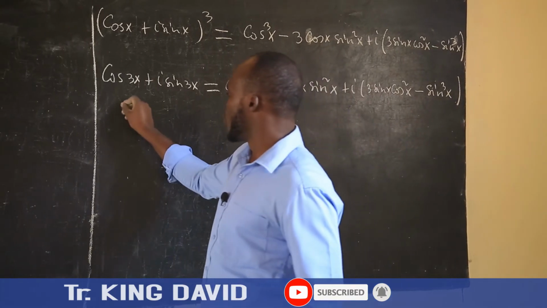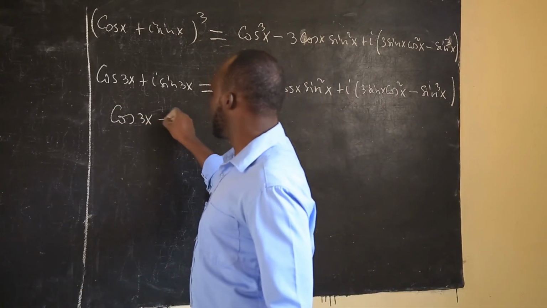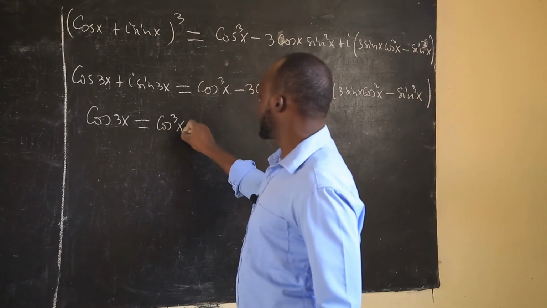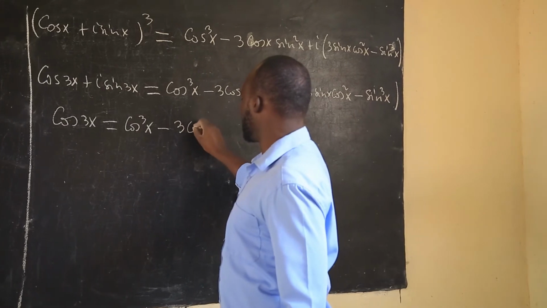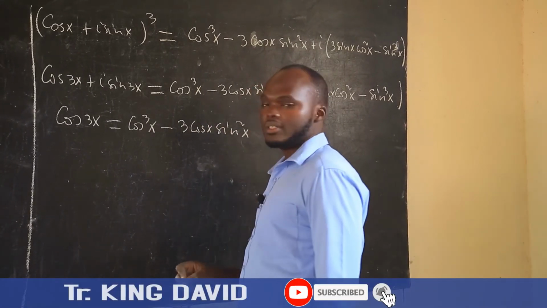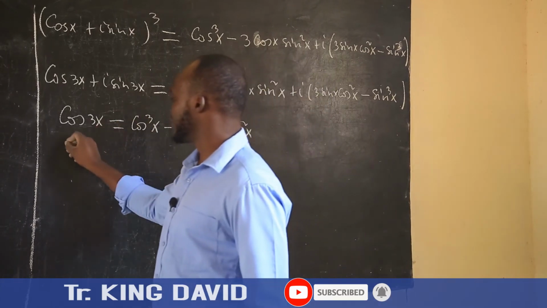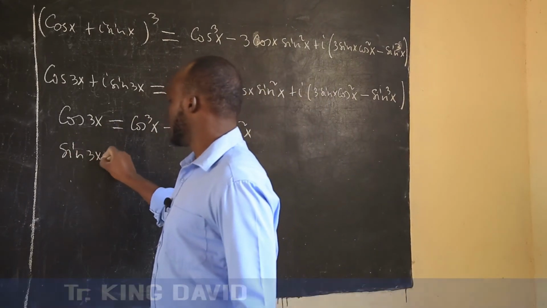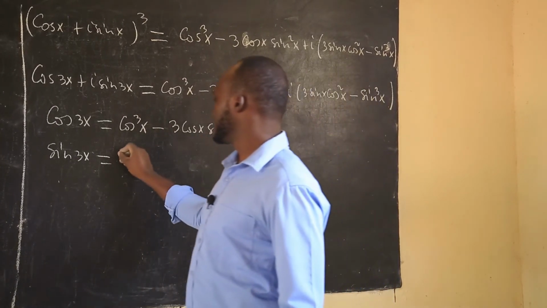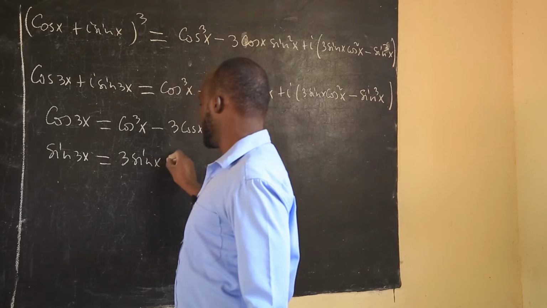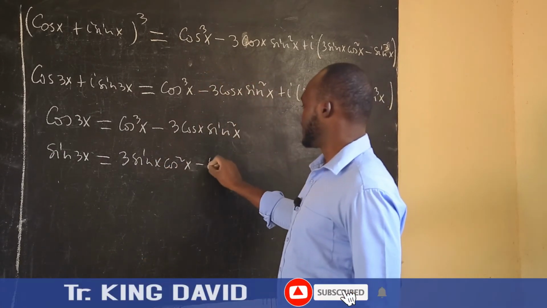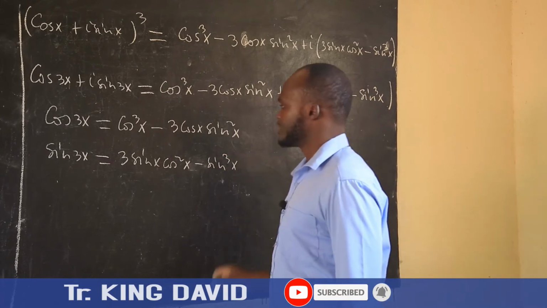So cos 3x will be equal to cos power 3 x minus 3 cos x sin squared x, and sin 3x will be equal to 3 sin x cos squared x minus sin power 3 x.